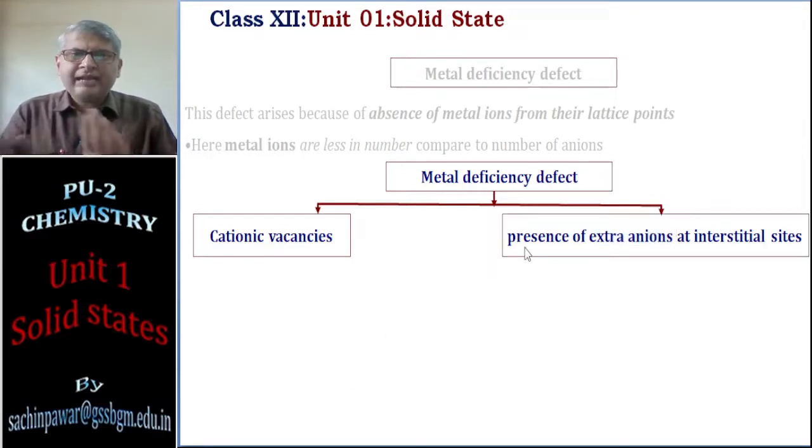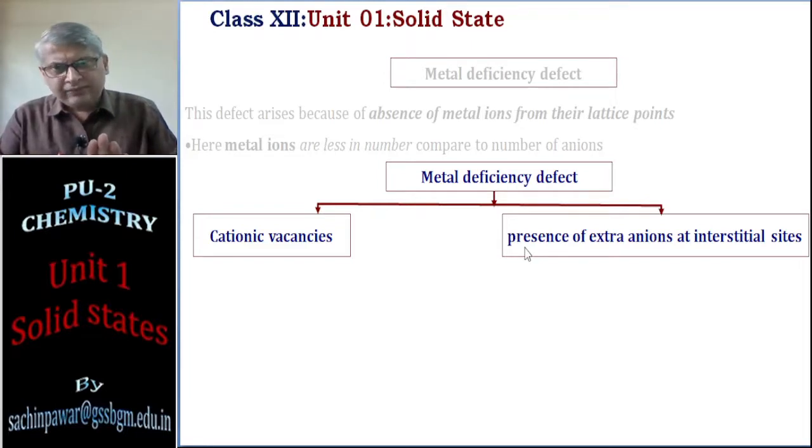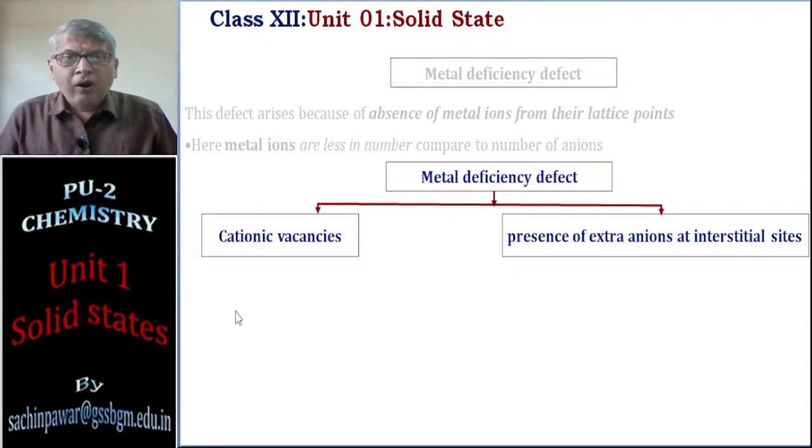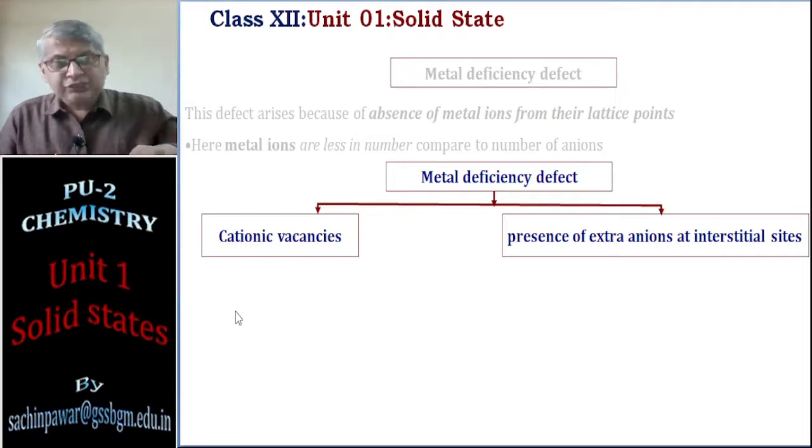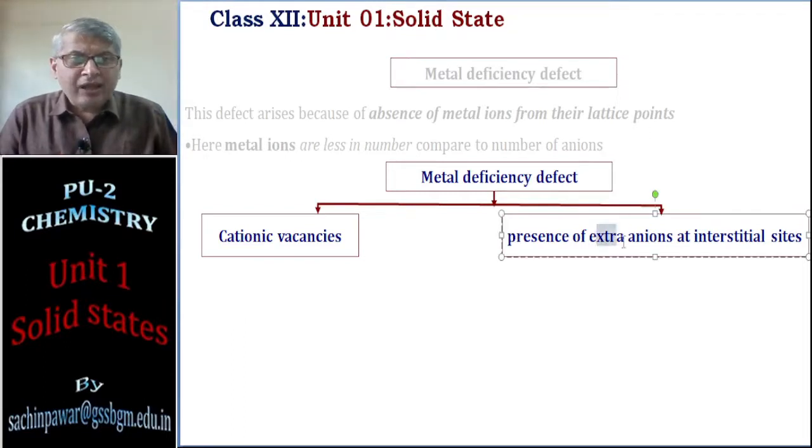The ratio of the cation and anion should be changed, and we require metal deficiency here, meaning cations should decrease. Either we remove cations from their lattice sites, so we have cation vacancies, or we add an extra anion to the interstitial site.